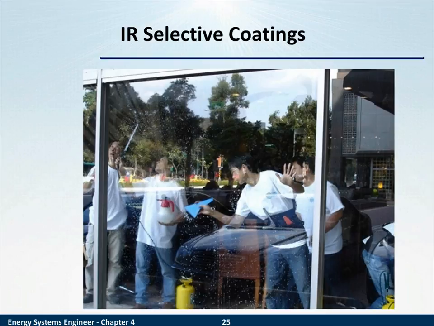So I thought I'd show you a picture of what that film looks like on glass. And indeed, other than where the mounting solution bubbles are being squeegeed out, it's hard to tell where the film has been applied. This is an example of an IR selective window film that could be applied to just the west side, or just the third floor, or just one office to improve the building envelope.